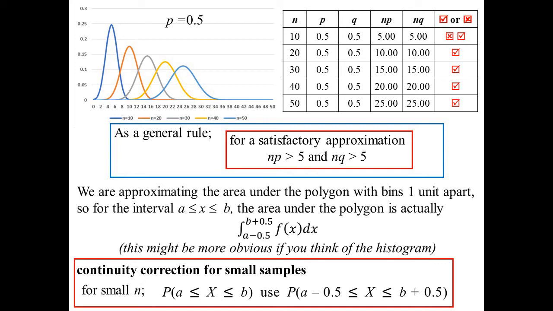So you don't really have to worry about it. In fact, I wouldn't be worrying about continuity correction at all unless they specifically ask you to deal with it in the question. I think it's going to be unlikely that they will. But if they do, then all right. Instead of finding in between a and b, we'll find in between a minus 0.5 and b plus 0.5.